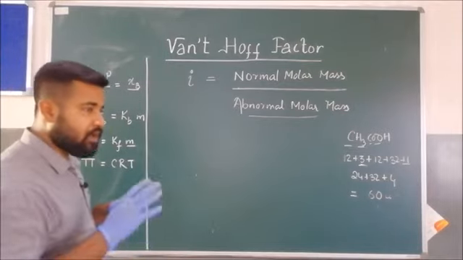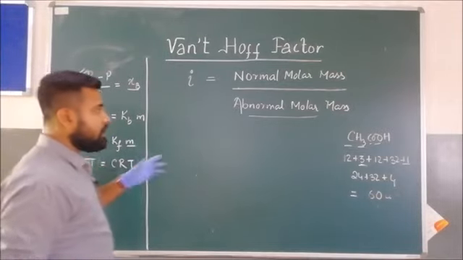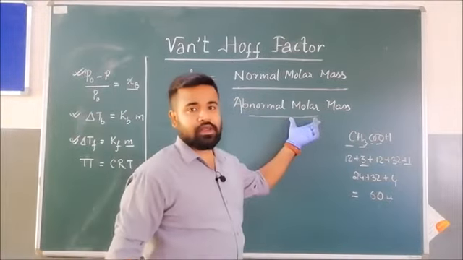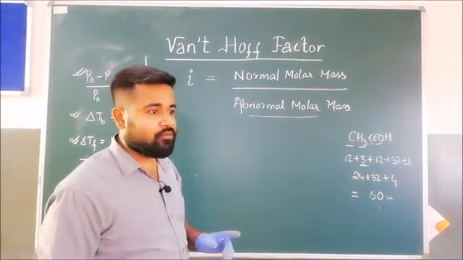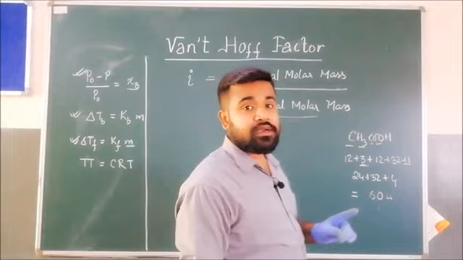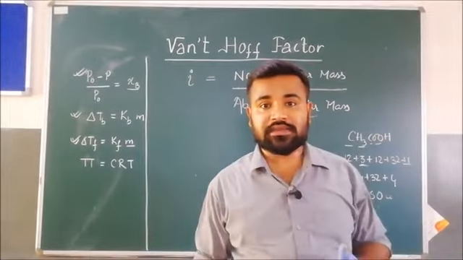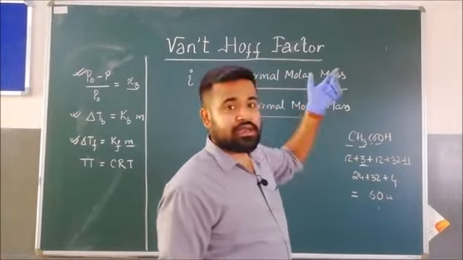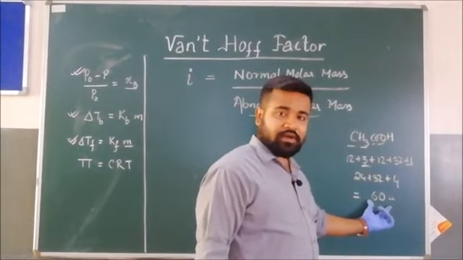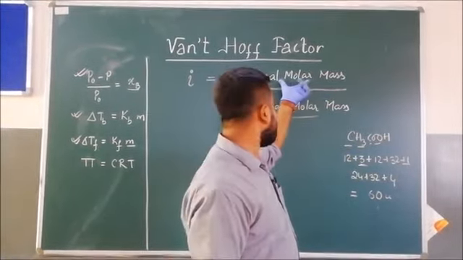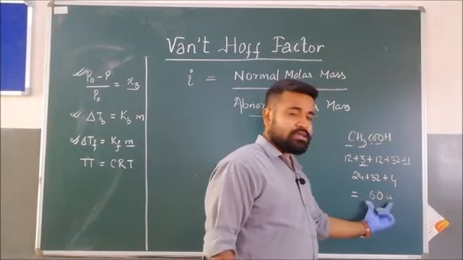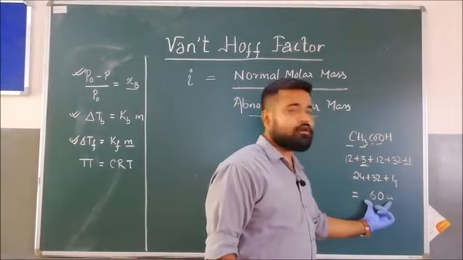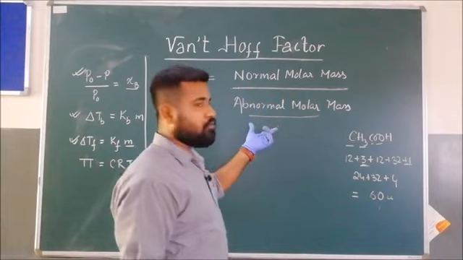Whatever molar mass is found from this formula is known as the abnormal molar mass, or the experimental molar mass. This is the experimental value of molar mass, whereas the normal molar mass is the theoretical value calculated from the formula. And what is abnormal molar mass?